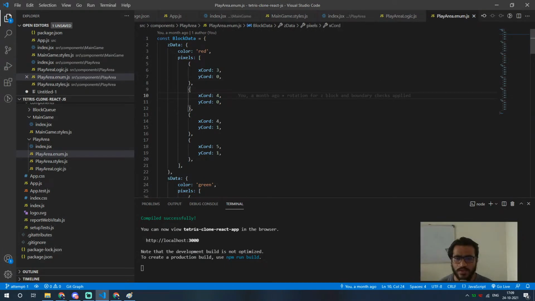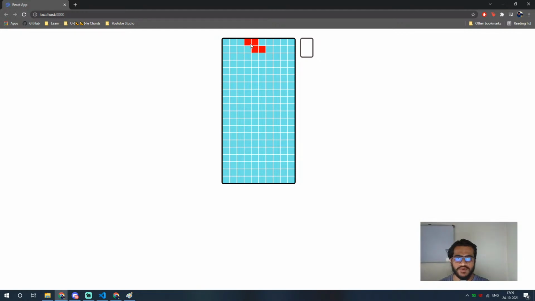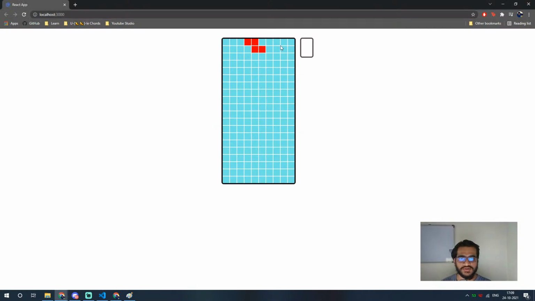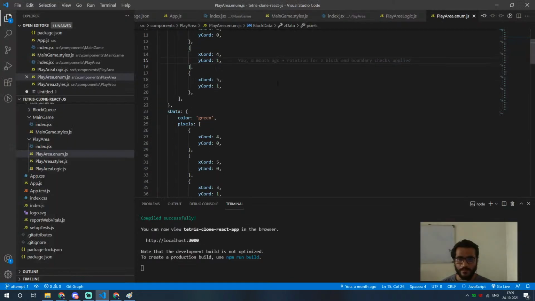So for now what I'm doing is I'm changing the pixels of this block, which are right here. I'm changing it to 2 pixels outside the screen.